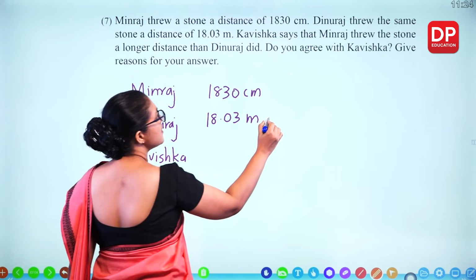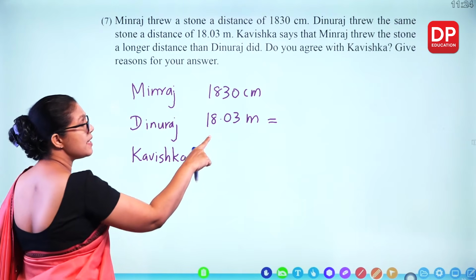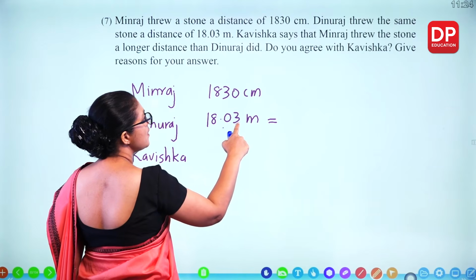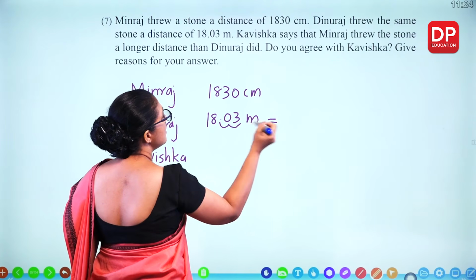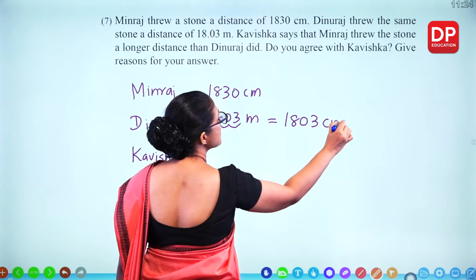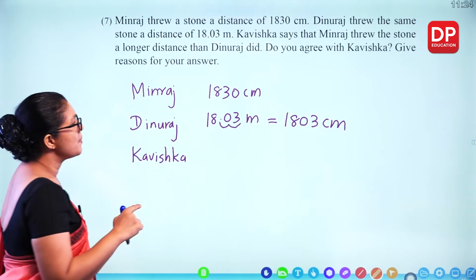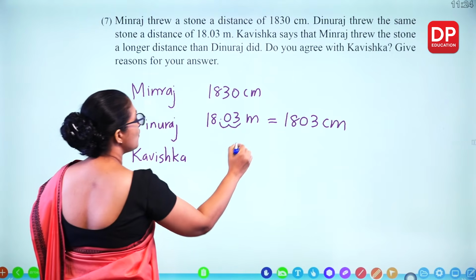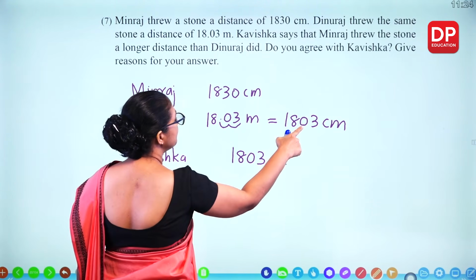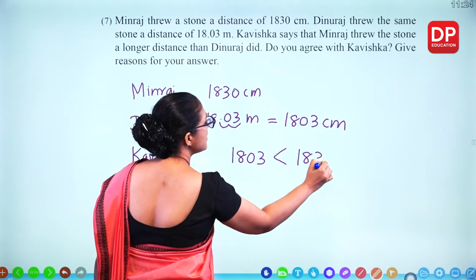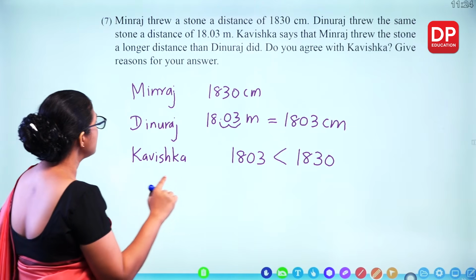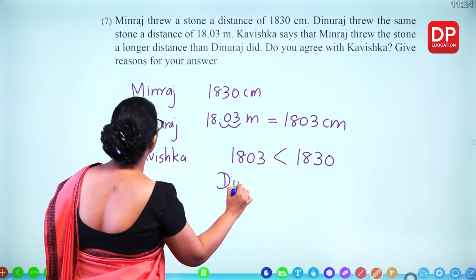So we'll convert this one to centimeters, multiply by 100. Move the decimal place 2 places to the right. 1803 centimeters. Now, which one is bigger? We know 1803 is smaller than 1830. So 1803 means Dinuraj.